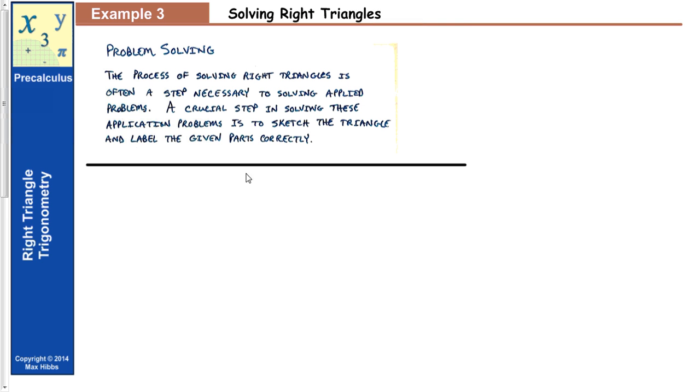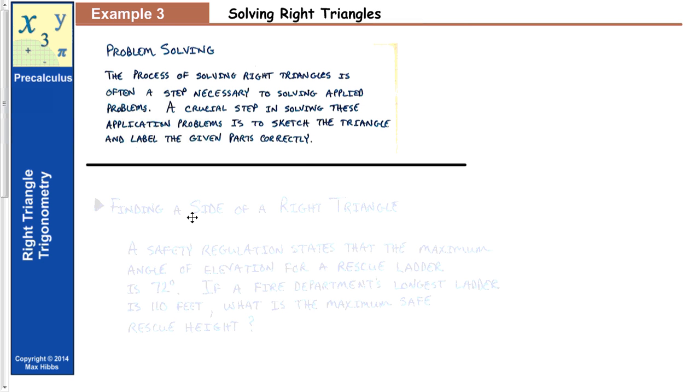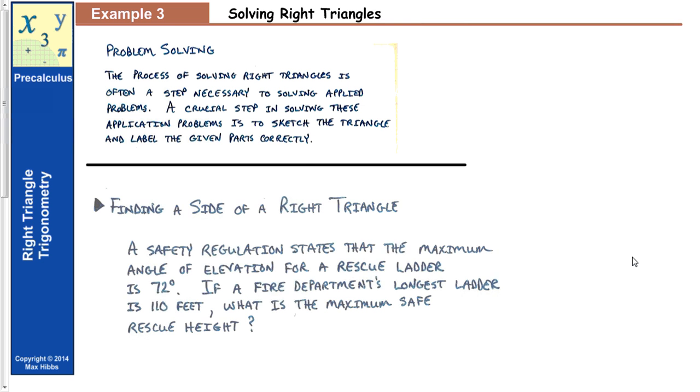So sketching is something we do a lot in trigonometry and actually in other courses as well. So here's our problem. A safety regulation states that the maximum angle of elevation for a rescue ladder is 72 degrees. If a fire department's longest ladder is 110 feet, what is the maximum safe rescue height?